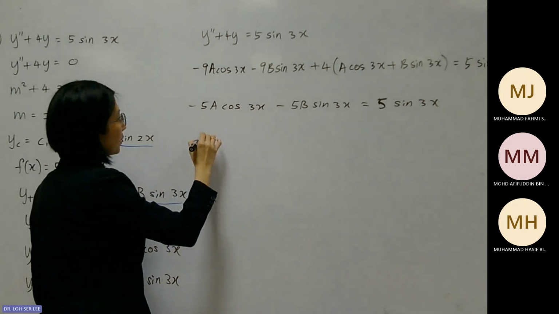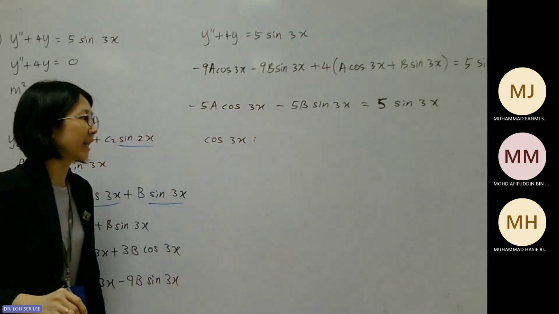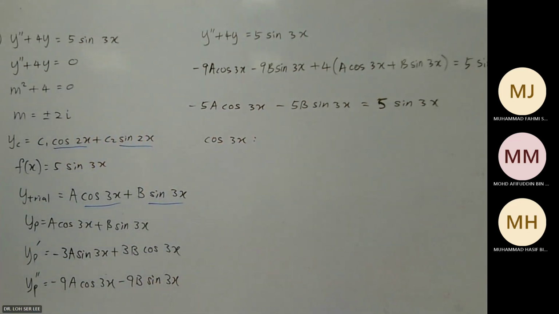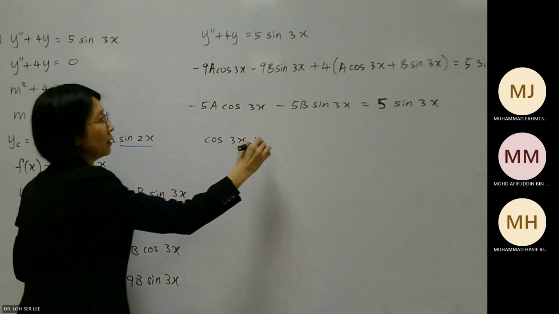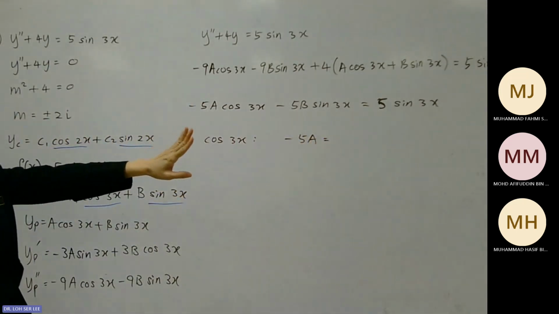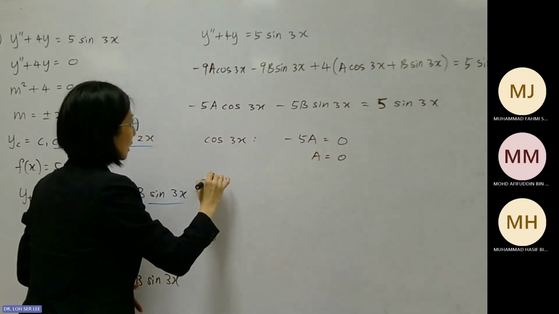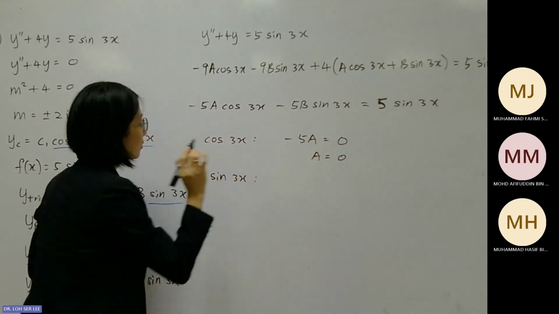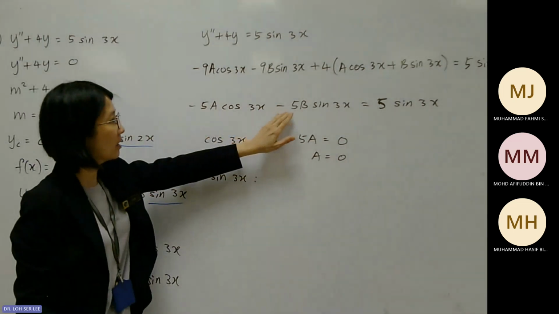Okay, then we compare both sides for functions of 3x. Cos 3x: on the left, we have negative 5a. And on the right hand side, we do not have cos, so it's 0. So a is 0. And next, we compare for sin 3x. Sin 3x, we have negative 5b.